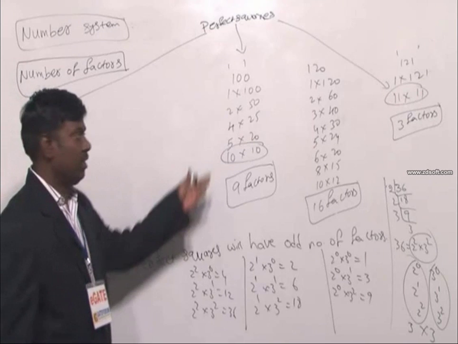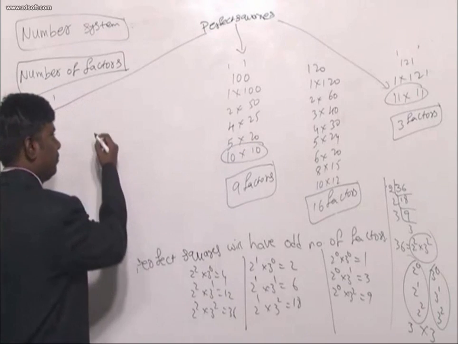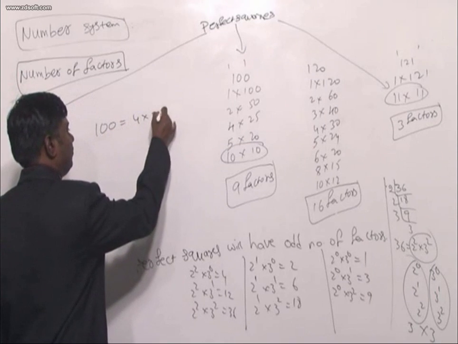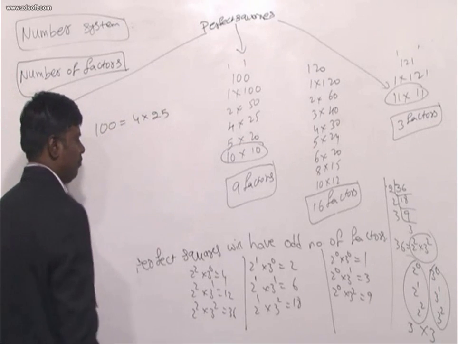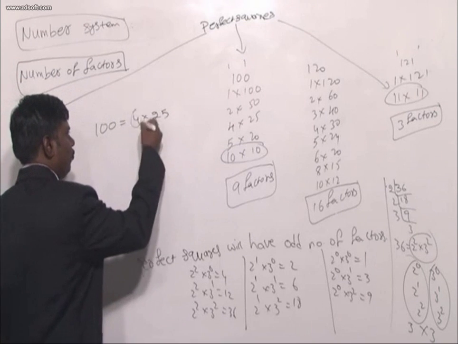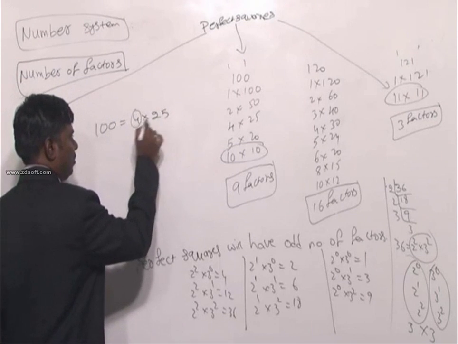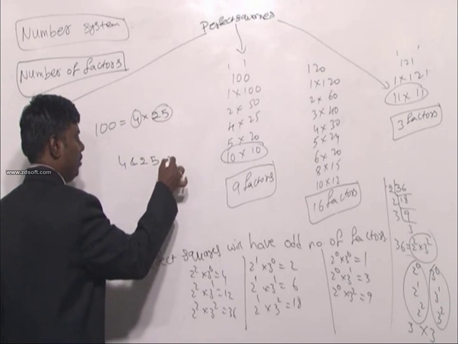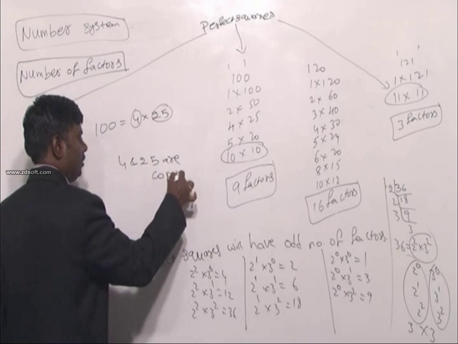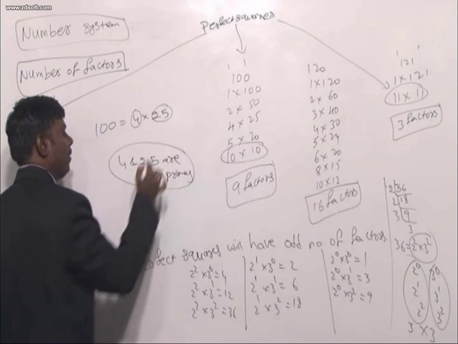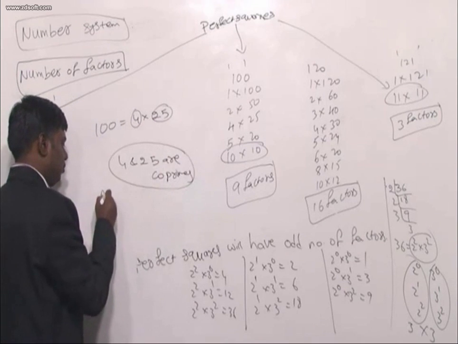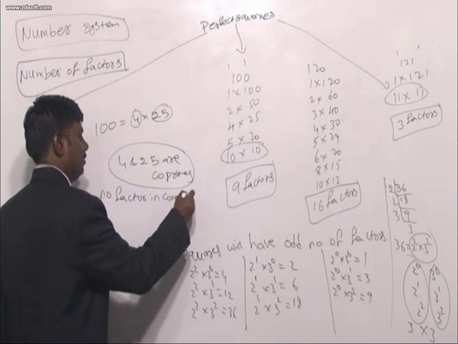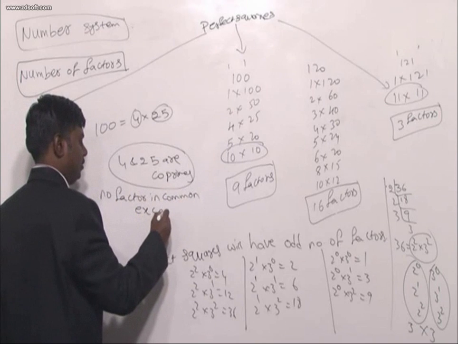Let us consider 100. 100 can be expressed as 4 into 25, right? By the way, if you observe carefully, 4 is not a prime number. 25 also is not a prime number, but 4 and 25 are co-primes. That means they don't have any factor in common except 1.